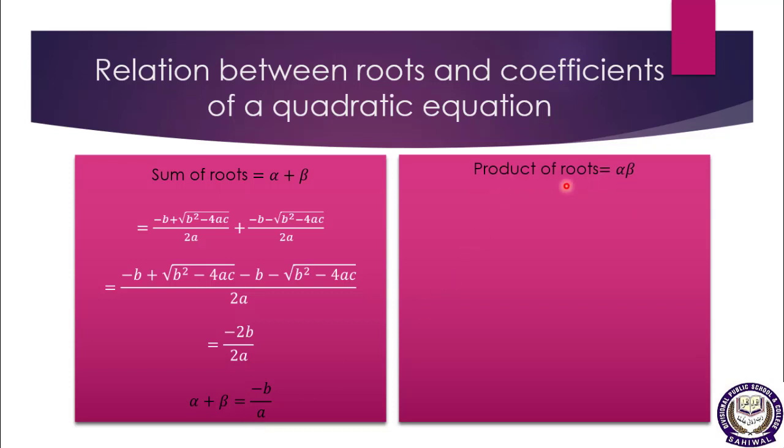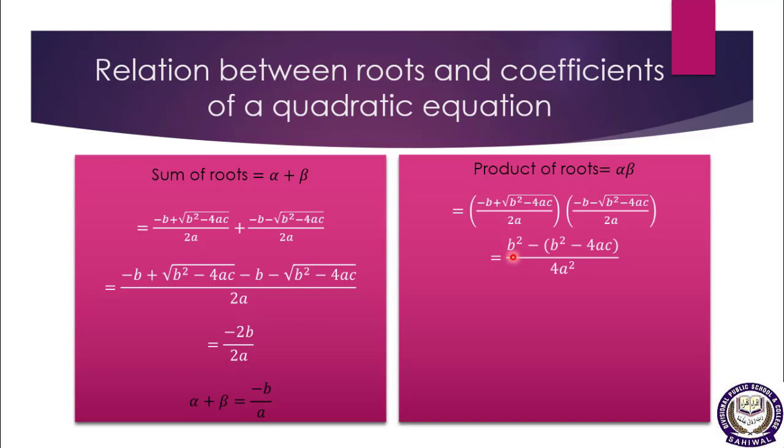Similarly, for the product of roots alpha and beta, we put the value of alpha and the value of beta, then we multiply them. Minus b plus square root of b square minus 4ac and minus b minus square root of b square minus 4ac are the conjugates of each other. Or we can use the identity for the squares.